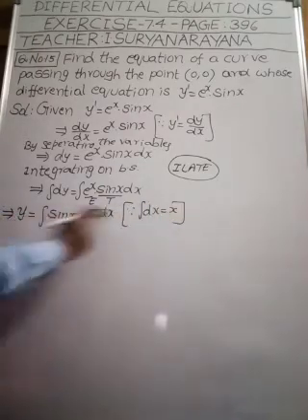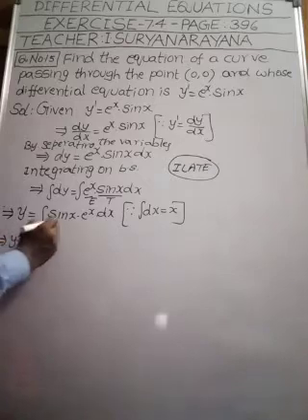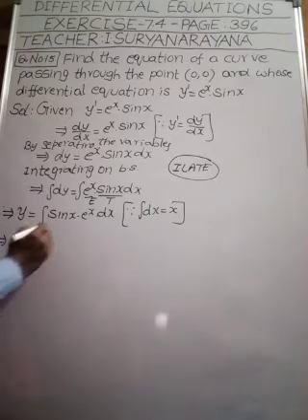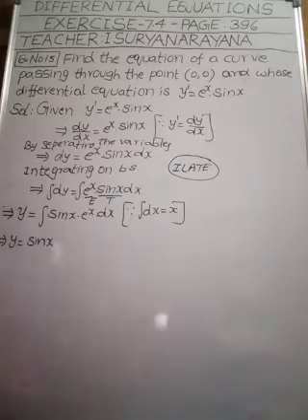For the RHS we use this integral formula. This implies y is equal to, now integral uv. u means sin x, v means e power x. Do you remember that formula, my children?